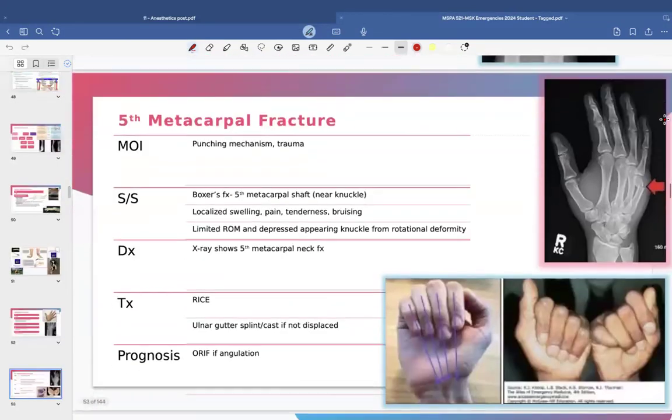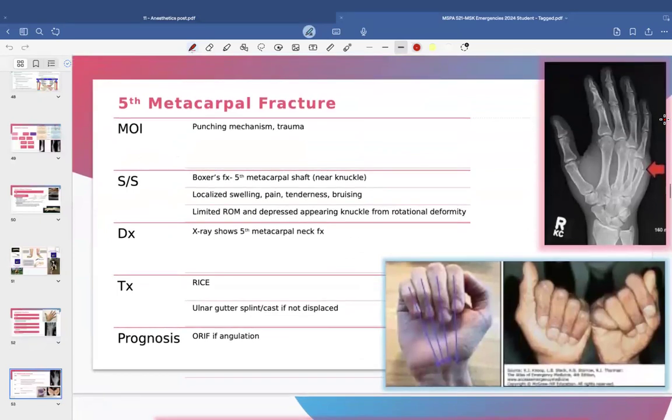All right. Metacarpal fractures. I'm sure you're getting multiple views. Again, can't stress that enough, but they love this one. Boxer fractures, that's your fifth metacarpal. It's usually at the neck, the thinnest part of the bone.